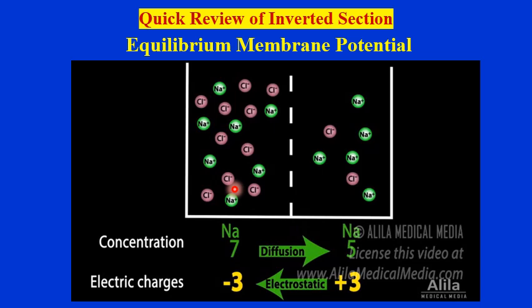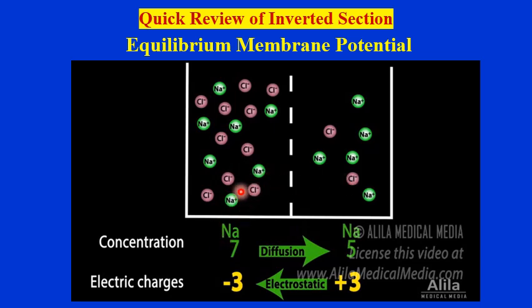So here, if you look at the sodium ions on the outside, you're going to have more sodium ions on the outside and fewer on the inside because of your sodium-potassium pump. So if you look at the concentration, you'll see that you have more here and less there.